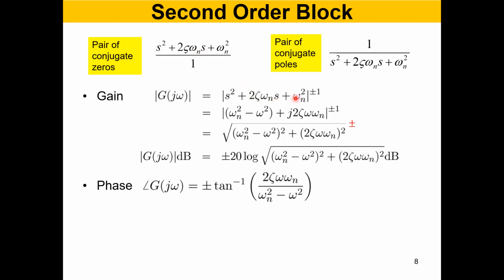Or else before that, you can take this whole expression and put magnitude bars and raise it to the power of plus or minus 1. If it is this one, it is plus 1 here. If it is this one, it is minus 1, right? So with one single expression, you represent the gain of either of these cases, pair of zeros or pair of poles.